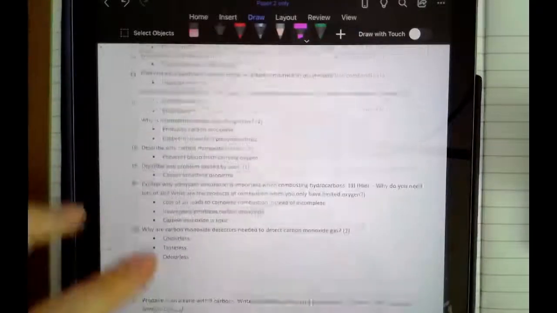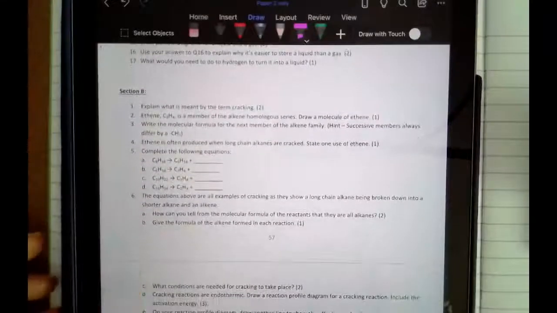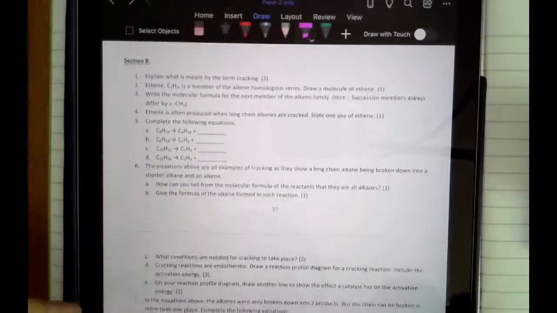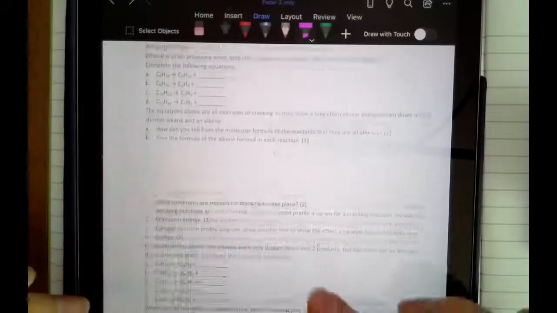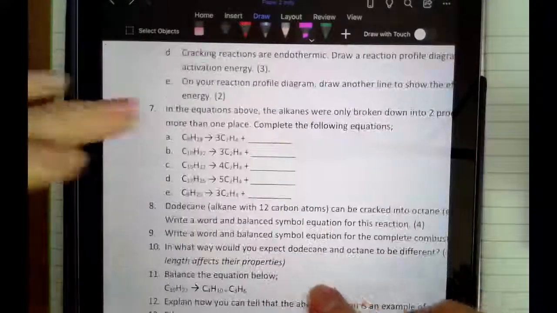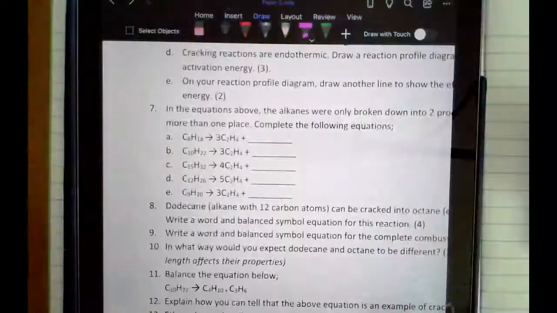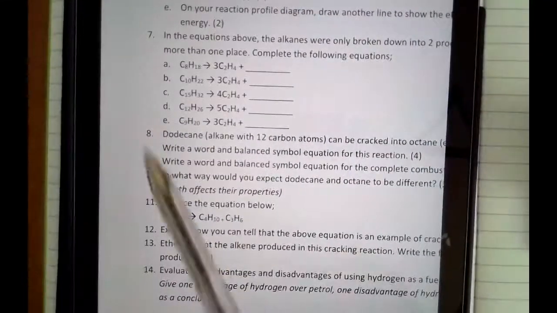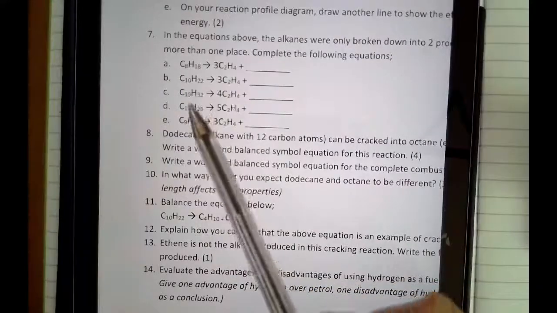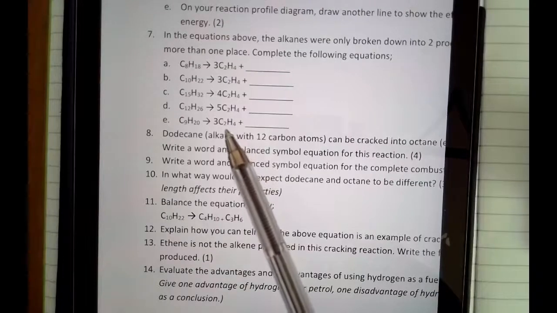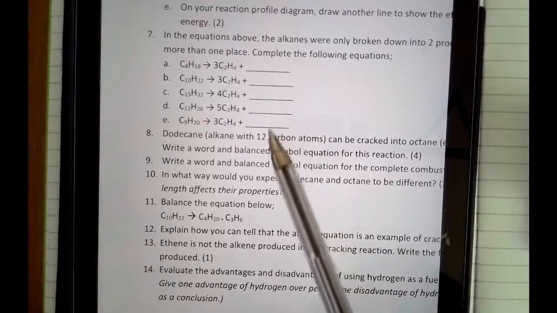So you can be asked what it is. You can be asked for the conditions, and you can also be asked to complete these little reactions, which I have here. Well, actually, we'll do this one. If we look here at question number 7, I've given you a long hydrocarbon on the left-hand side, and then you're breaking it down into a smaller hydrocarbon, and you need to fill in the products.